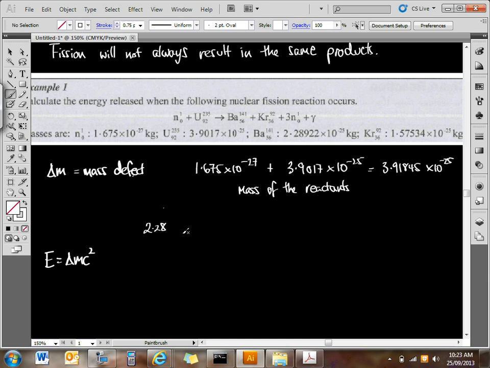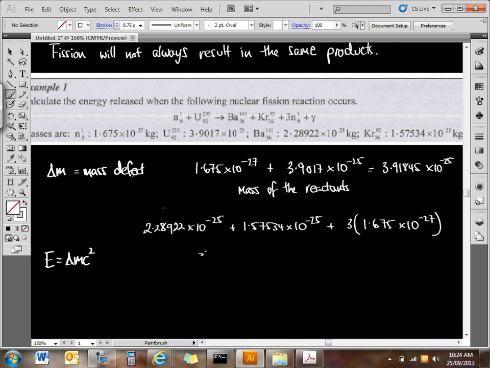2.28922 by 10 to the minus 25 kilograms plus, so that's my barium, my krypton, 1.57534 by 10 to the minus 25 kilograms plus 3 neutrons. 3 times this 1.675 by 10 to the minus 27 kilograms.